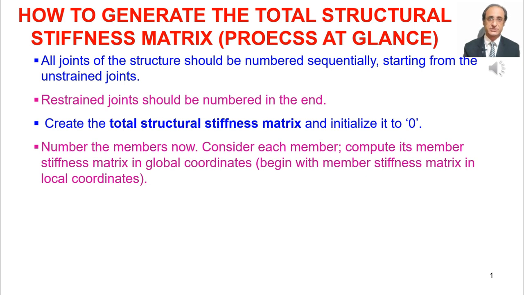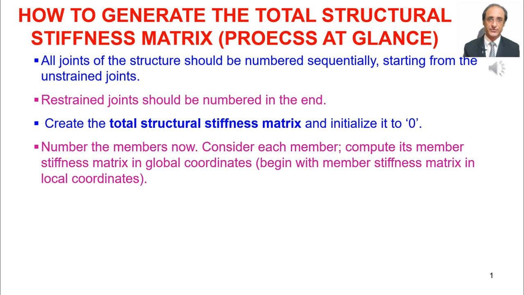We first form the stiffness matrix in the local coordinates, we form the transformation matrix, and by the procedure T transpose multiplied by KL into T, we obtain the stiffness matrix of the member in global coordinates.